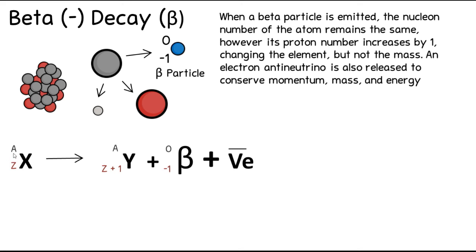So the nucleon number of your radioactive isotope will not change when it turns to this more stable element. However, the proton number will increase by 1, and for the beta particle, it's got no nucleons and it has the opposite charge of a proton, so we say it's got -1 proton number. And then we've got the electron antineutrino here.